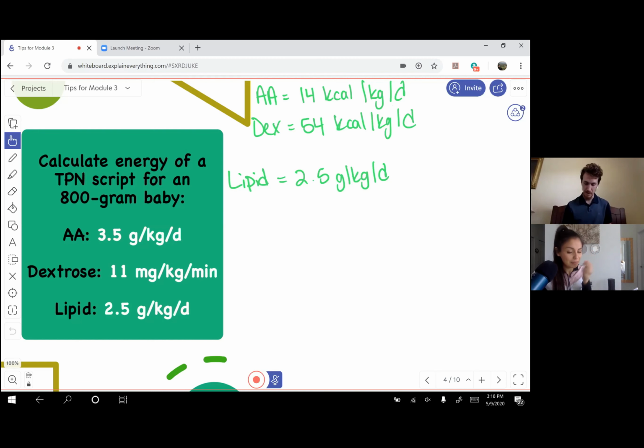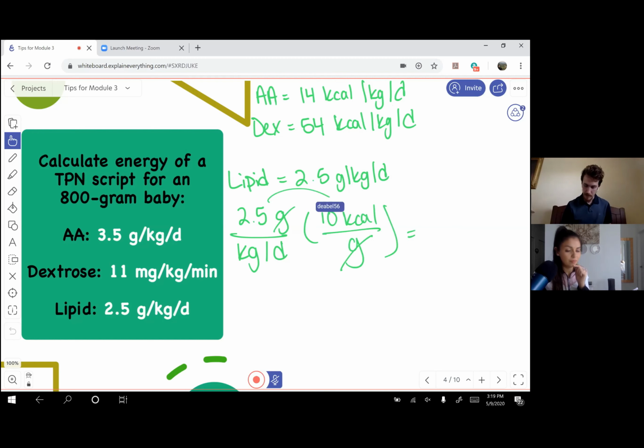Yes. So here we have the 2.5 grams per kilogram per day multiplied by the 10 calories per gram. These are going to cancel. Multiply these, and we are left with 25 calories per kilogram per day.